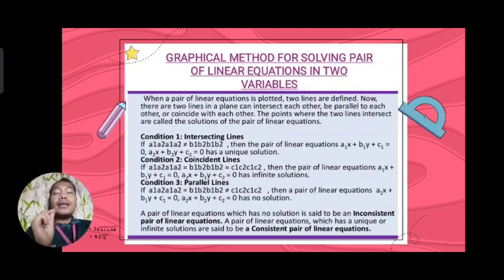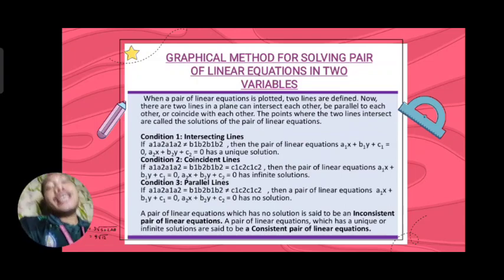If a sub 1 over a sub 2 is equal to b sub 1 over b sub 2 but is not equal to c sub 1 over c sub 2, then the pair of linear equations a sub 1x plus b sub 1y plus c sub 1 is equal to 0, and a sub 2x plus b sub 2y plus c sub 2 is equal to 0 has no solution.